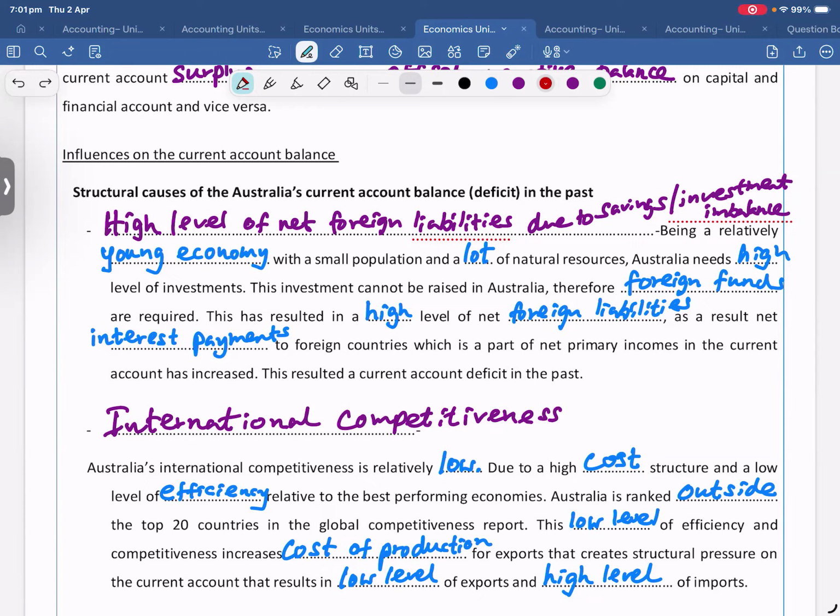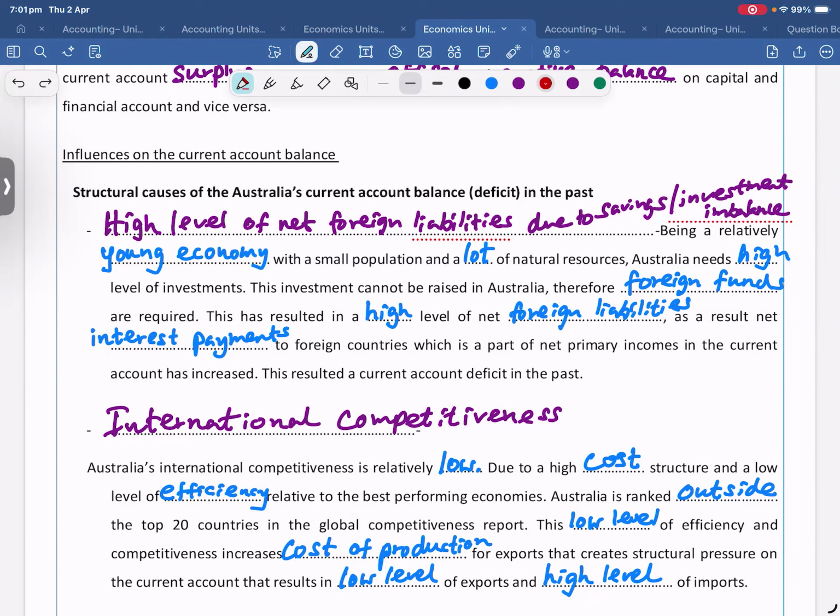Then my question was, where would you record the interest payments? Would it be in the third one, the net primary income?